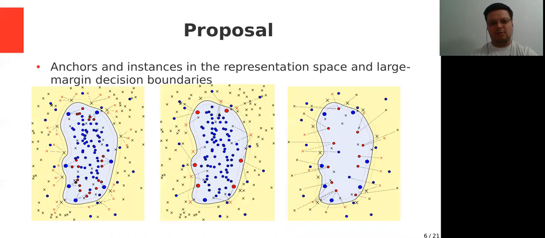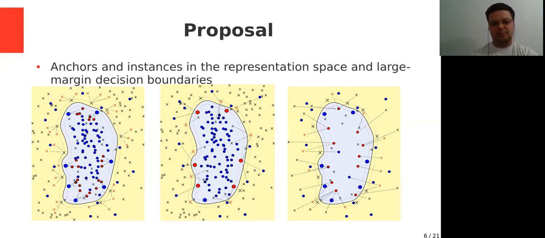So what are the anchors? Here we have a representation. The circles are from one class. The X are from the other class. We are showing here a representation in 2D, the representation space. We provide an image to our fully convolutional network, and it provides us with a feature vector with two attributes.